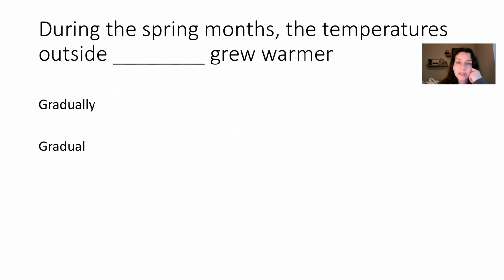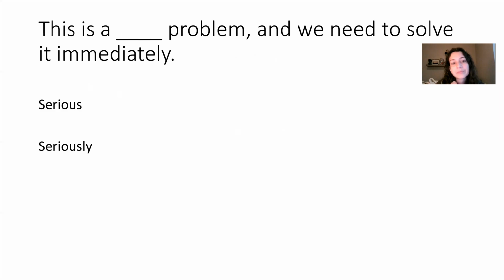During the spring months, the temperatures outside gradually grew warmer versus the temperatures outside grew warmer. So since this is describing a verb, we're going to want to go with an adverb. And that ly on the end of gradually signifies that that is, in fact, an adverb, and that is modifying the verb grew.